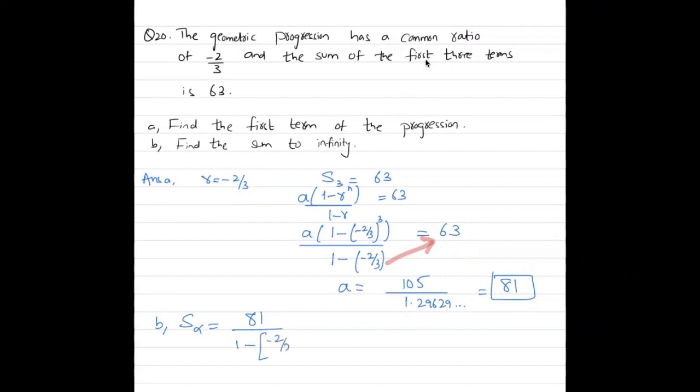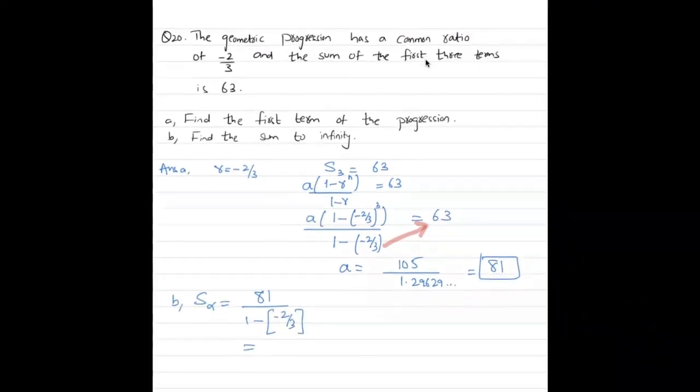The r value is -2/3. So what is the maximum sum this geometric progression can have? Sir, it's 48.6.